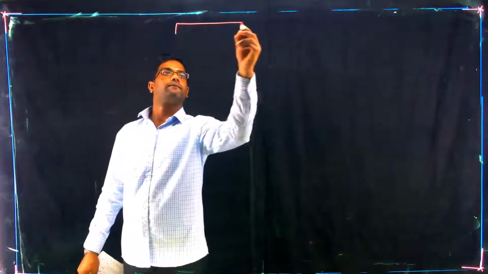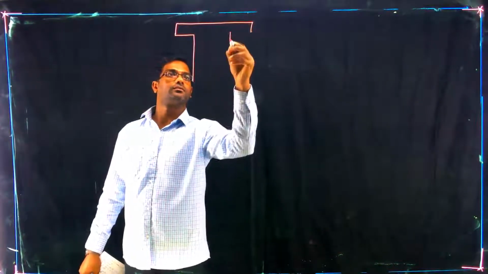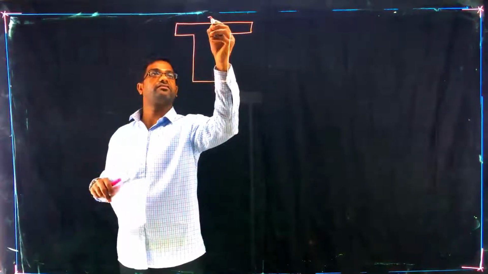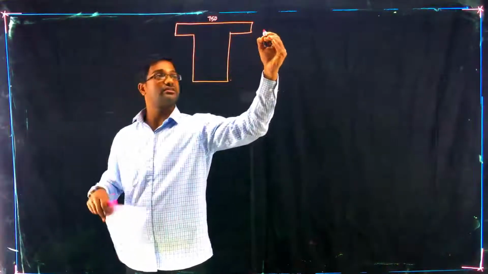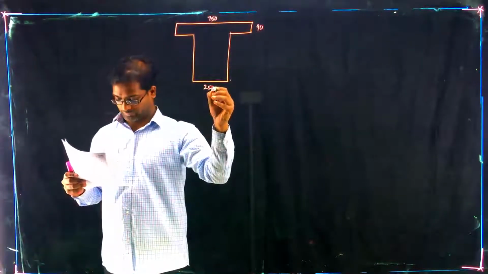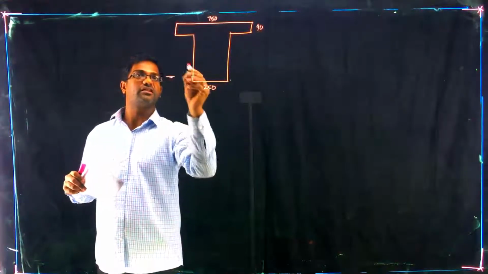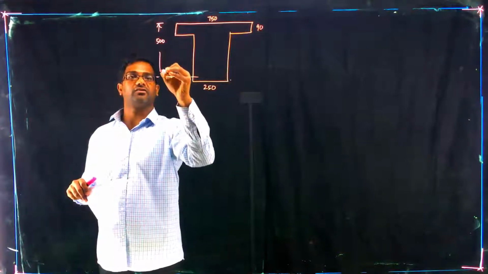And the values of this beam are: BF is given as 750, DF is 90, BW is 250, and from the center of tensile reinforcement to the extreme fiber, the effective depth is given as 500.